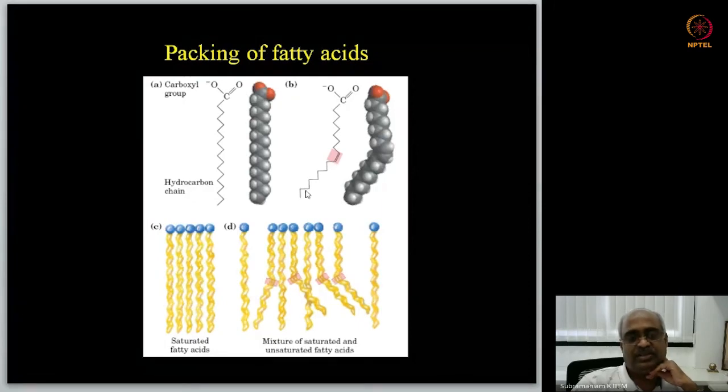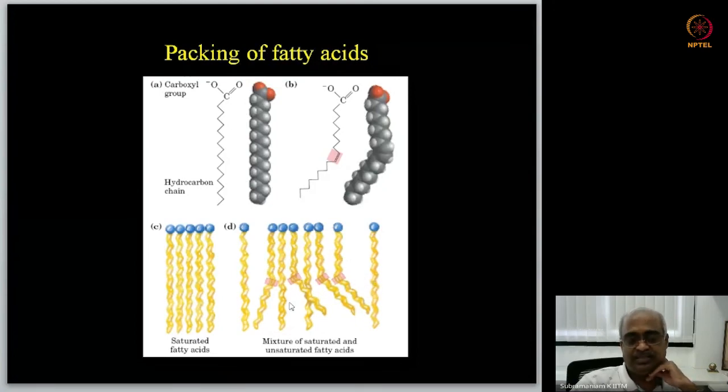As a result, you have a rigid orientation of the 2 sides of the chain, leading to a fixed rigid structure like this. So as a result, these molecules, unlike the fully saturated ones, as you can see here, they can compactly pack. These don't pack very well.